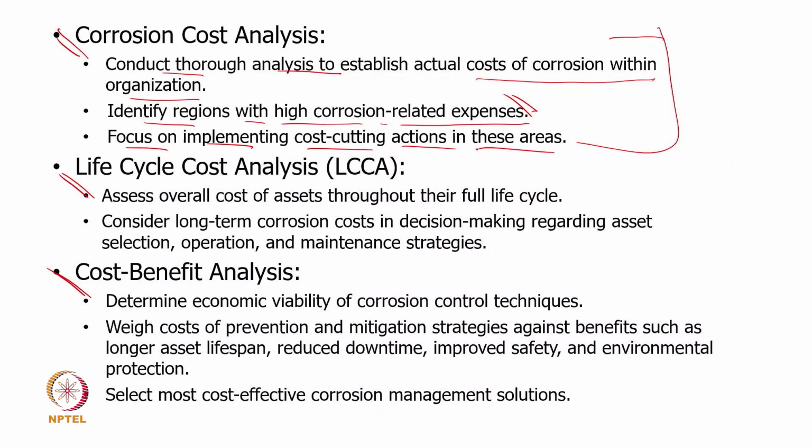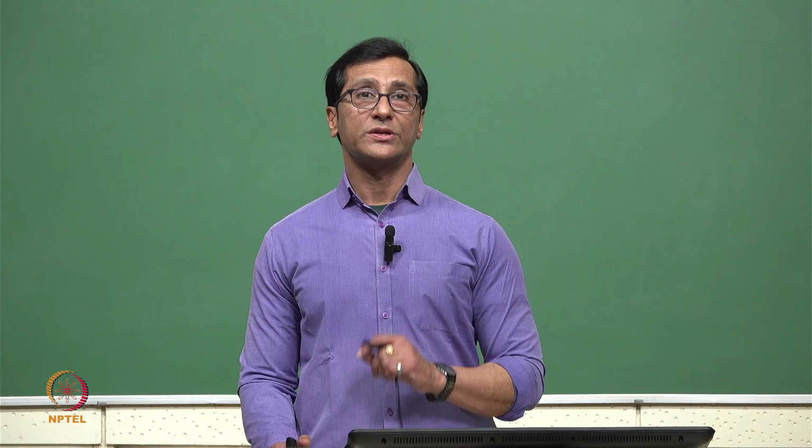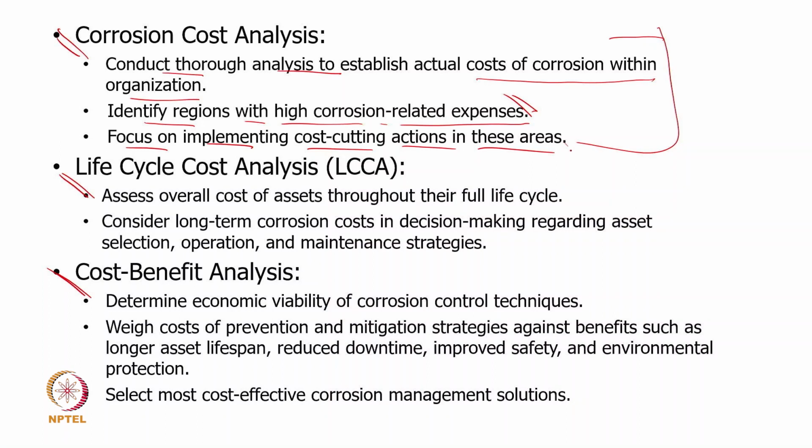So if we are going to use condition based monitoring, and we are not able to get very good returns, then we may not really require this. Coming to life cycle cost analysis, we assess the overall cost of assets throughout the full life cycle. Not necessarily that when I start a sensor it will remain for 5 years, 4 years, 3 years.